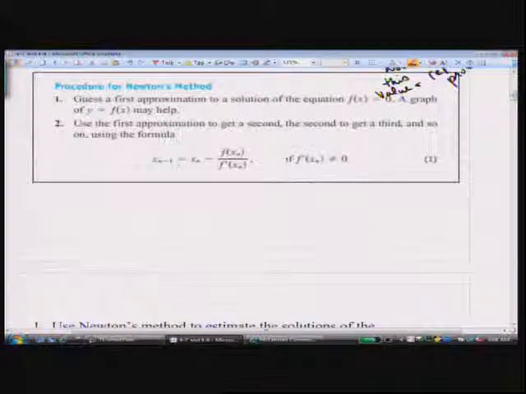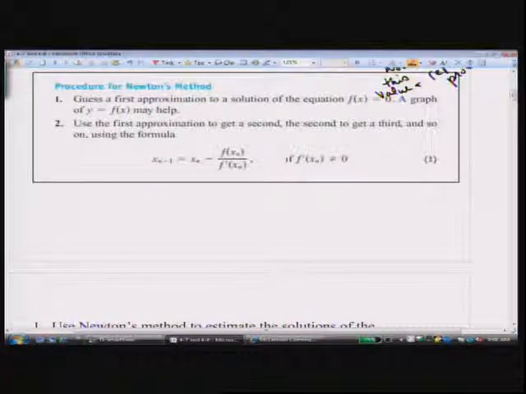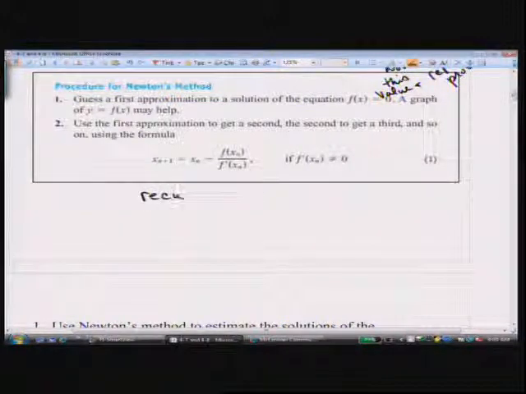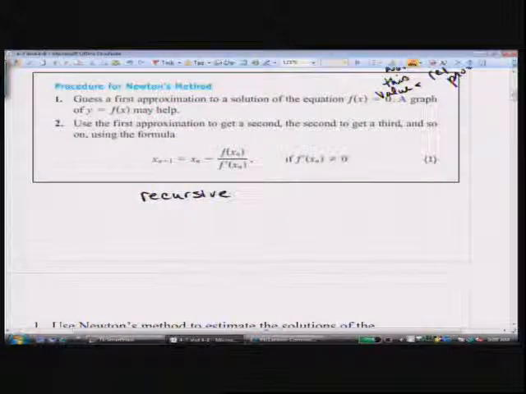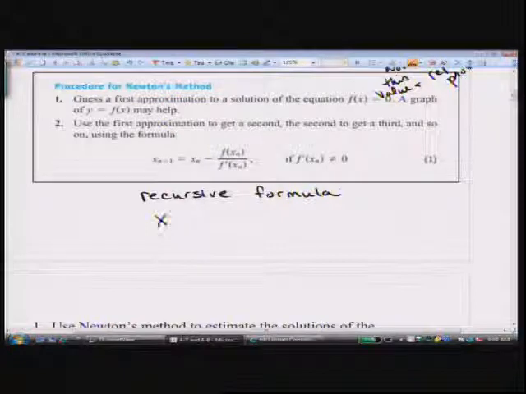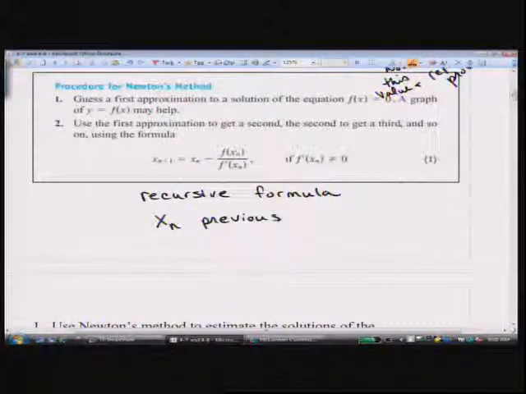X sub n plus 1 is equal to x sub n minus f of x sub n over f prime at x sub n. So this is called a recursive formula, and it uses the previous to get the next. So when I'm talking about this, I'm going to say x sub n, I'm going to call that the previous, and x sub n plus 1 is the next.